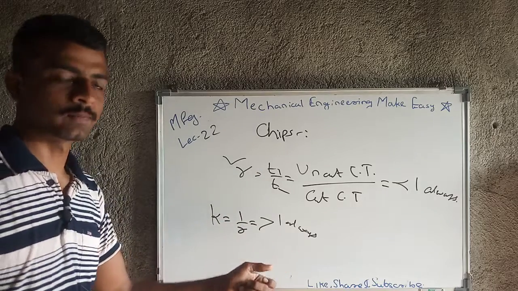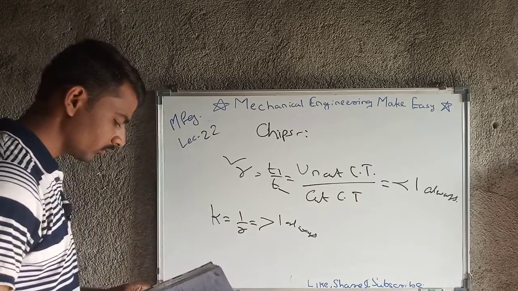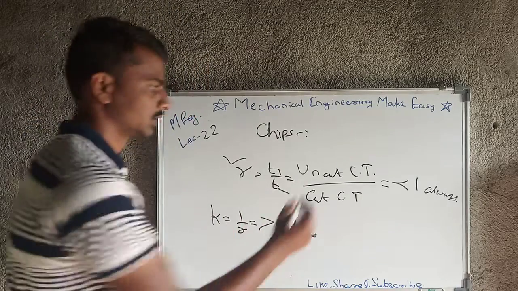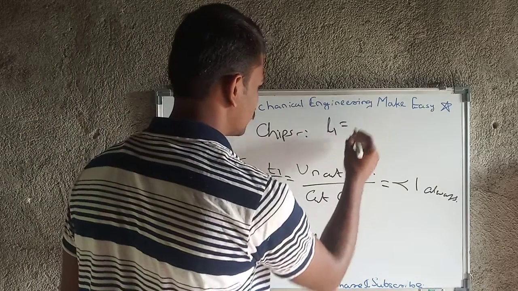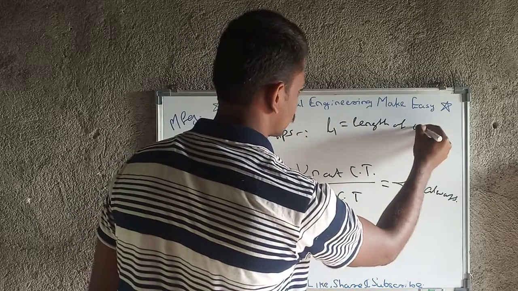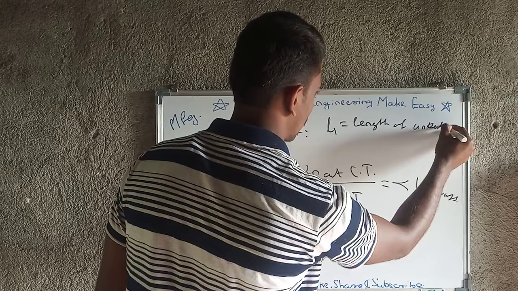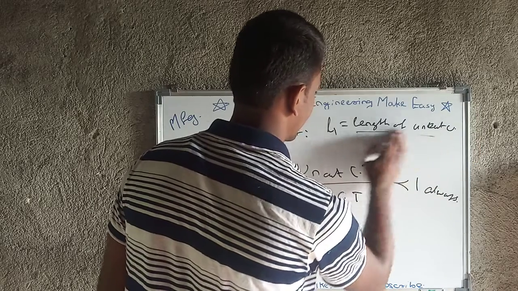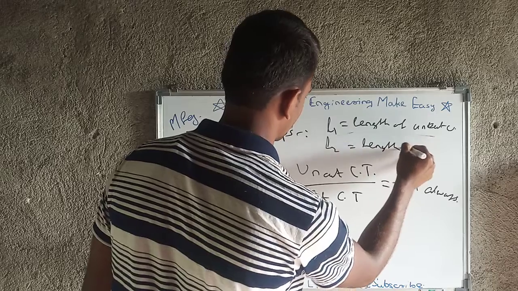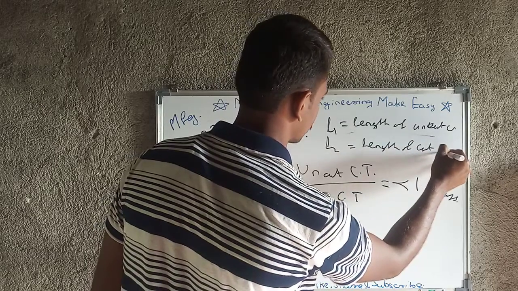And if we look at the length of chip, then L1 will be the length of uncut chip, and L2 will be the length of cut chip.